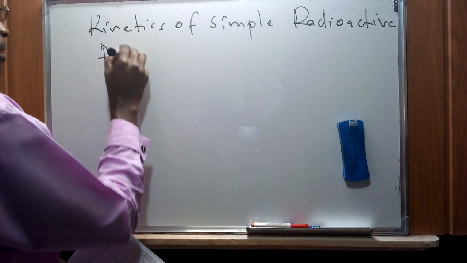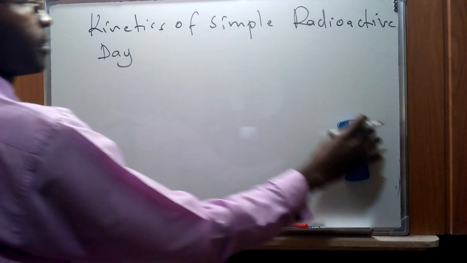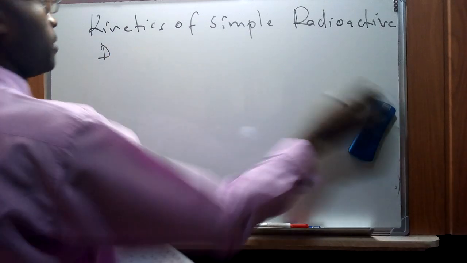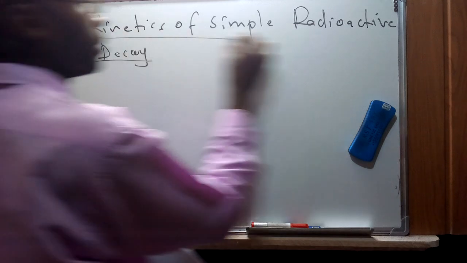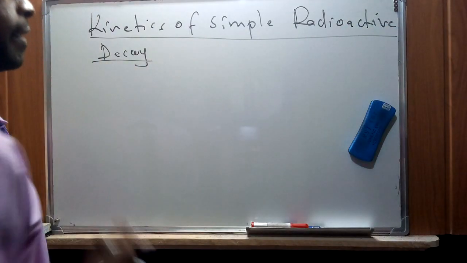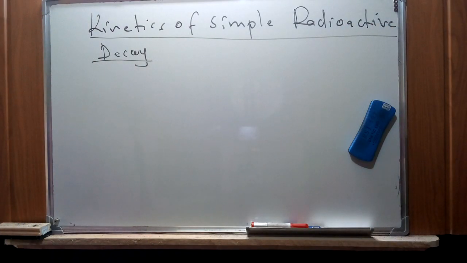So in essence, this is a simpler way of trying to find out how the radioactive decay process happens, maybe in trying to quantify the decay rate of a radioactive substance.